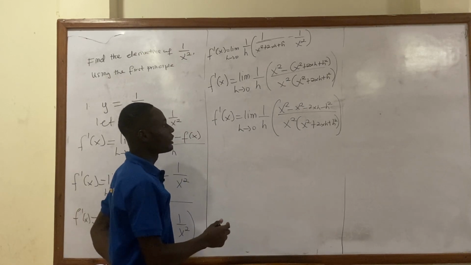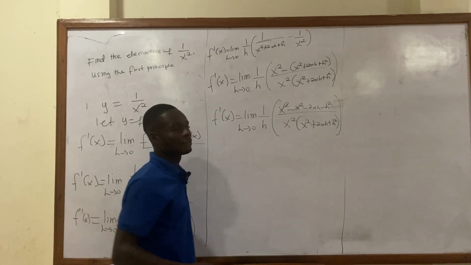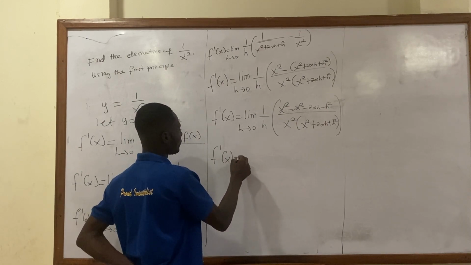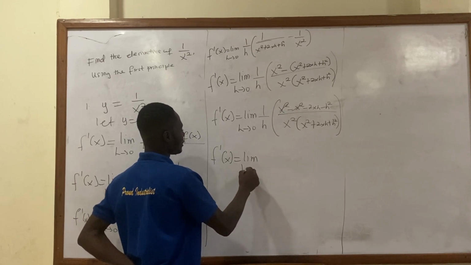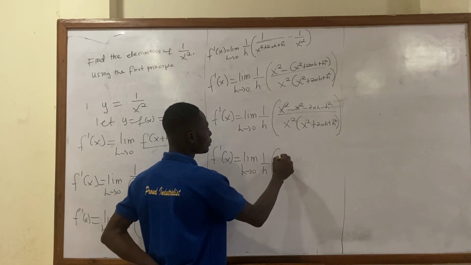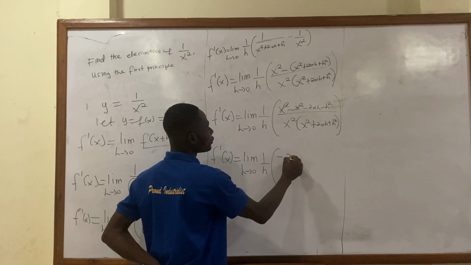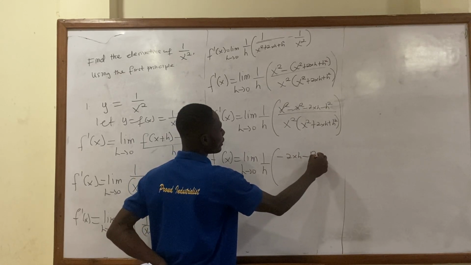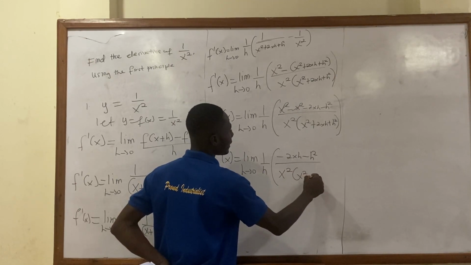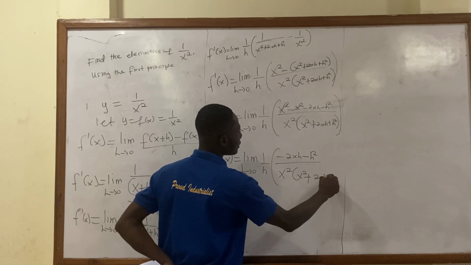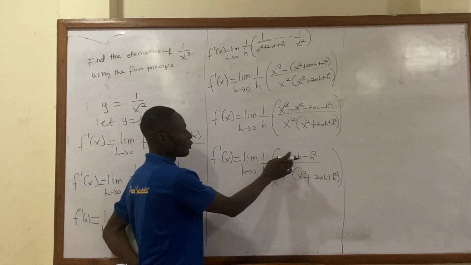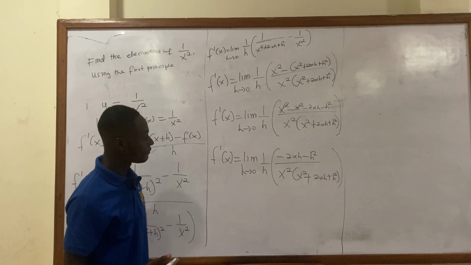So from here we can see that this will take up this, and then we have first principle is equal to the limit as h approaches 0, 1 over h into, now this cancels off, minus 2xh minus h squared over x squared into x squared plus 2xh plus h squared.